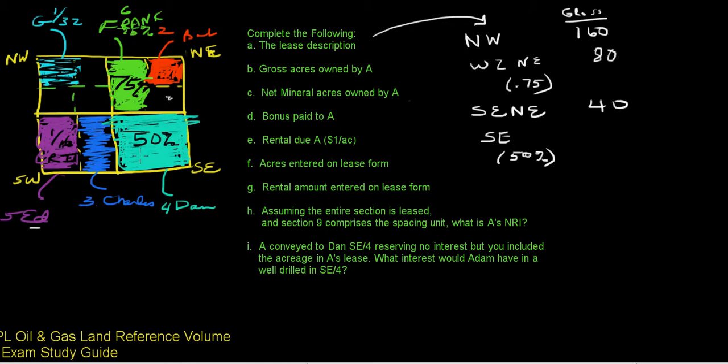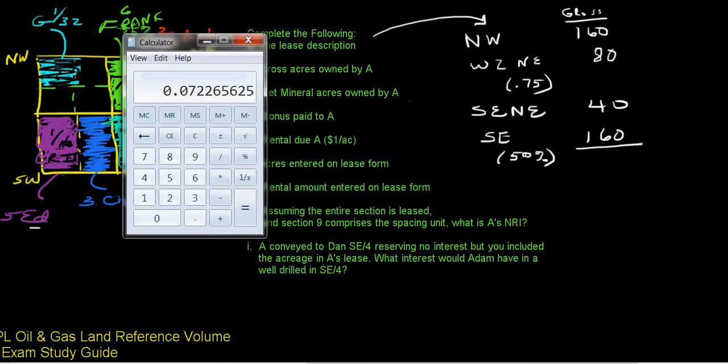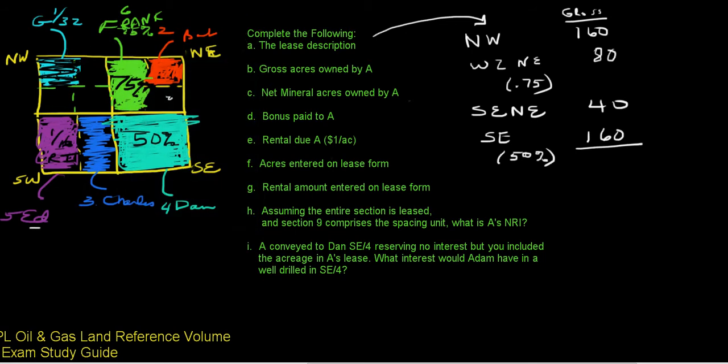And then finally, the southeast, which is 160 acres. So if we want to do the calculation for the gross acres, it's going to be 160 plus 80 plus 40 plus 160. So our gross acres are going to be 440.